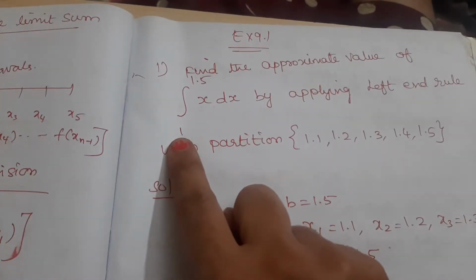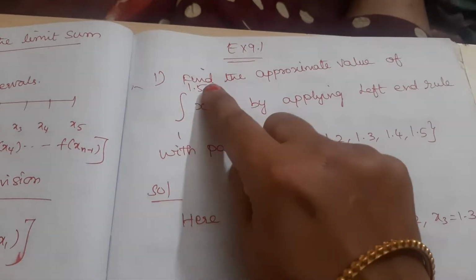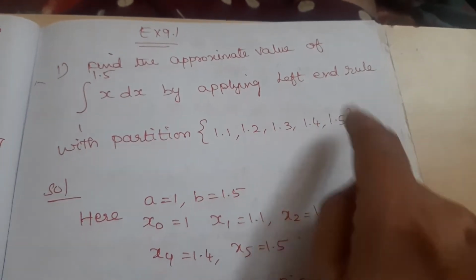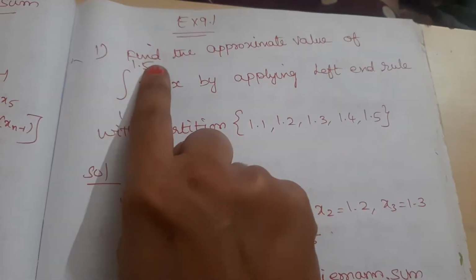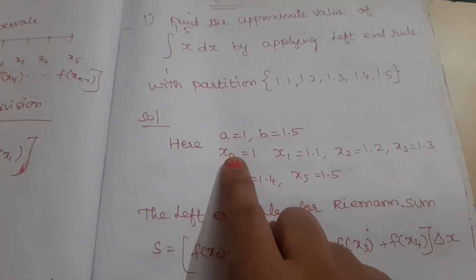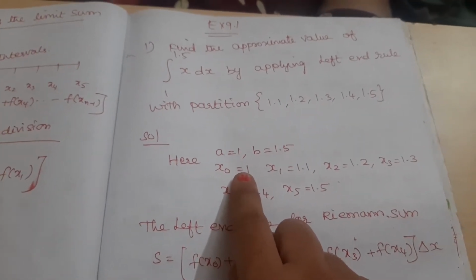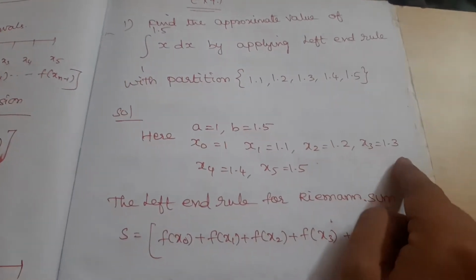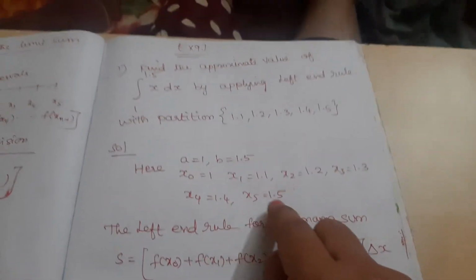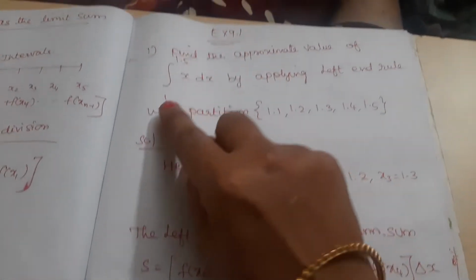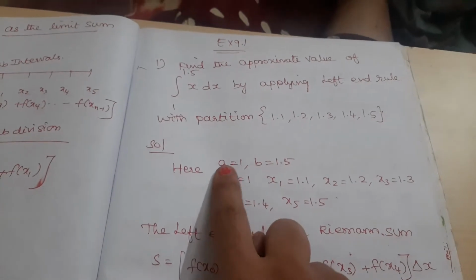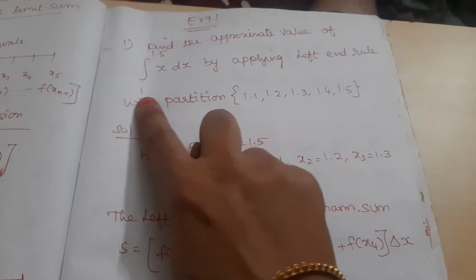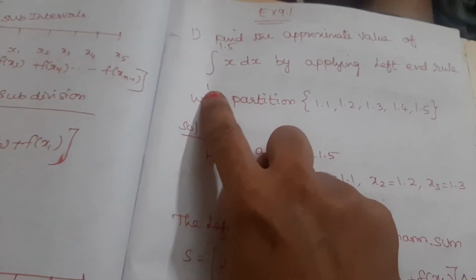Always take the first number as x0 and the last as x5, because here we have 5 partitions. So x0 is equal to 1, x1 is 1.1, x2 is 1.2, x3 is 1.3, x4 is 1.4 and x5 is 1.5. The lower limit is a, that is 1, and the upper limit is 1.5. So this 1 must be taken as x0 as well as a.